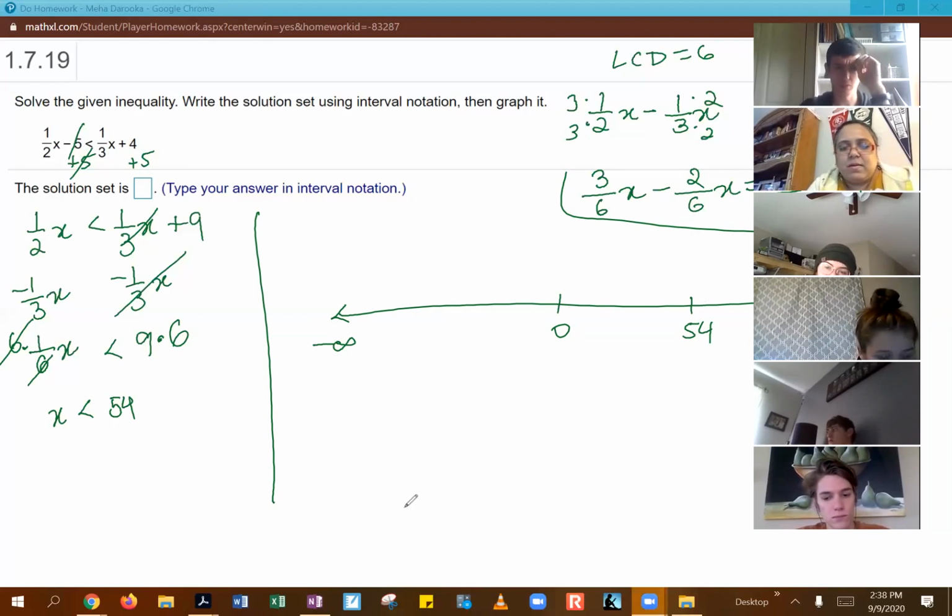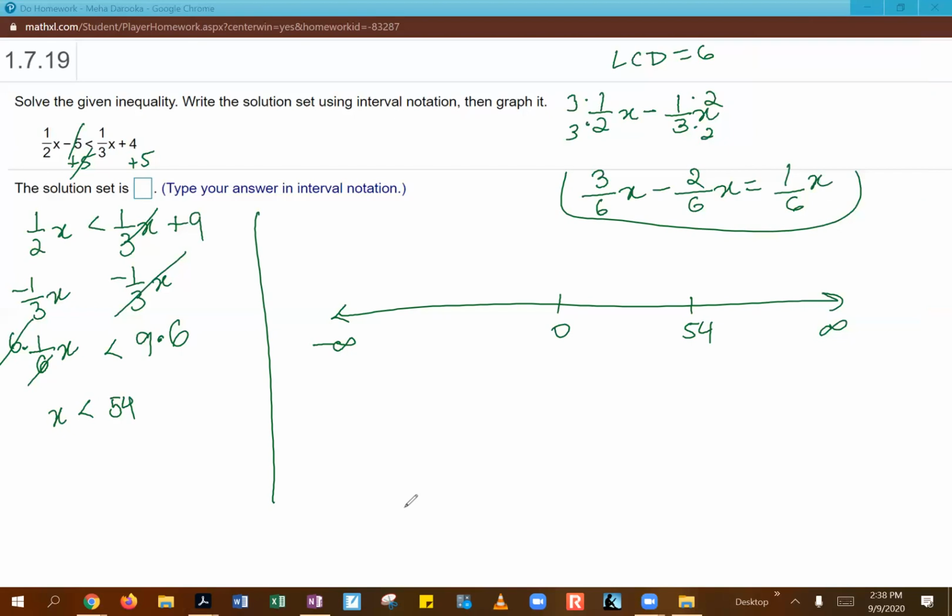You'd use parentheses, right? Because there's no equal to sign, right? Okay, so yeah, since it's only less than, you are only looking at using parentheses, and then of course you're shading the left-hand side. So what does that interval notation look like?